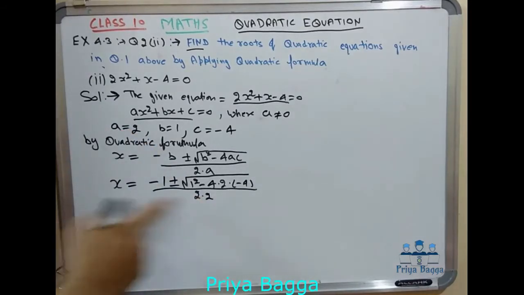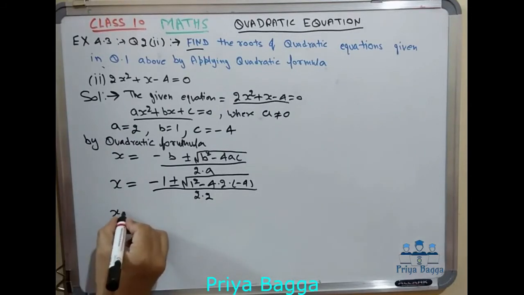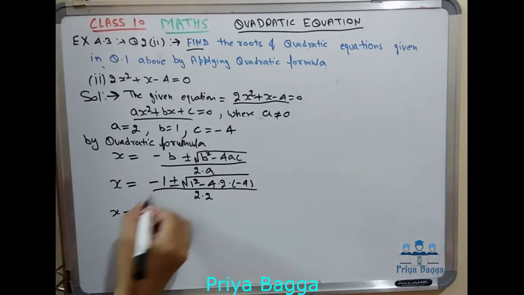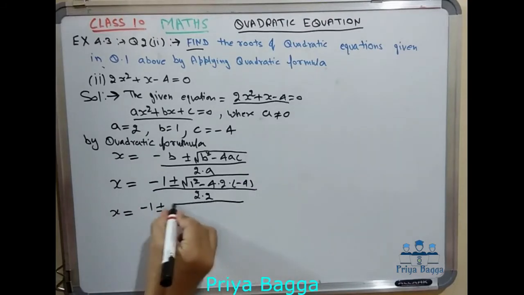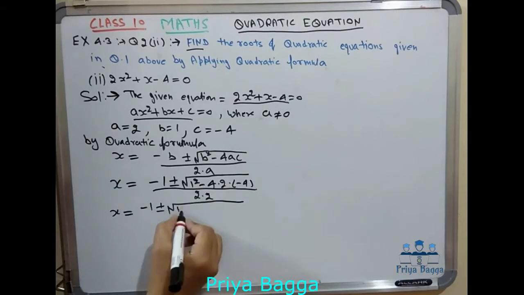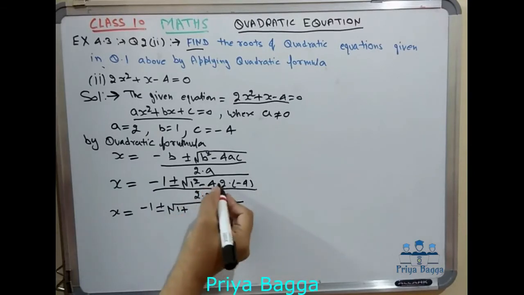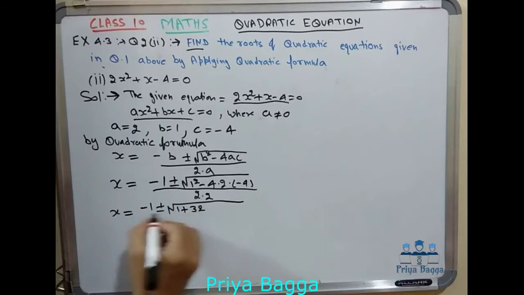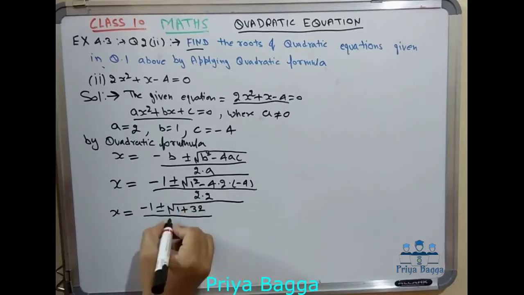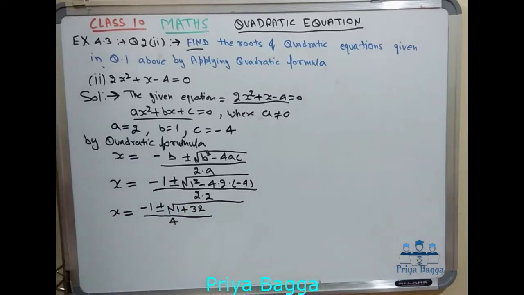So this is how we can find out the value of x. Now x will be equal to minus 1 plus minus square root of 1 square is 1, minus into minus will be plus, 4 into 2 is 8, 8 into 4 is 32, upon 2 into 2 is 4, right?